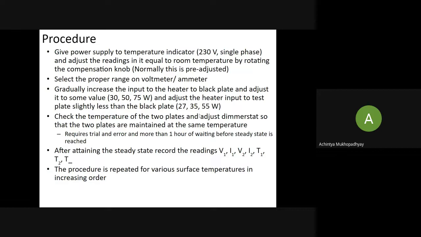So even before it achieves steady state, if after some time you start seeing a lot of difference between the two readings, you can start making changes even before the steady state is reached.